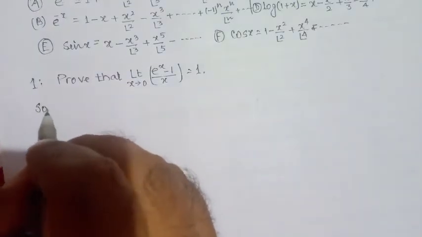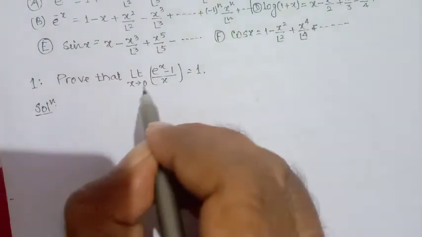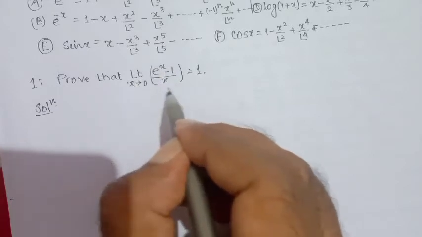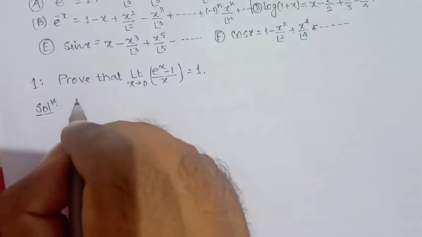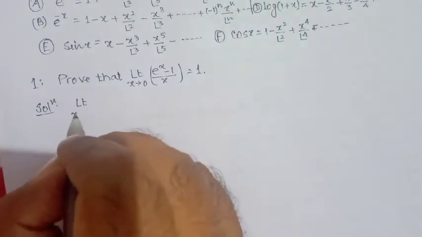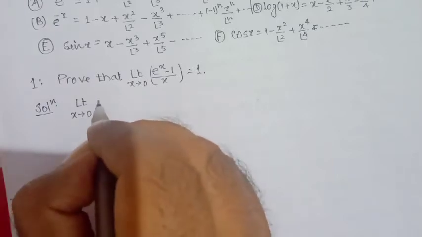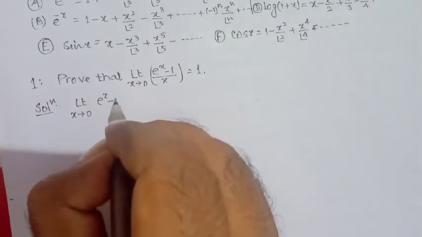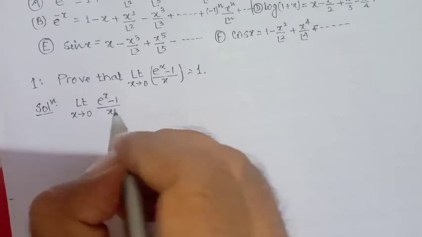So we have to evaluate the value of this limit, limit x tends to 0, e to the power x minus 1 upon x.